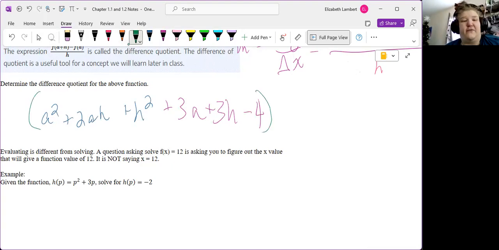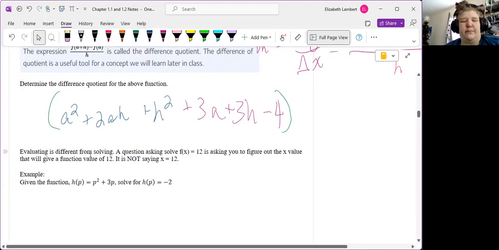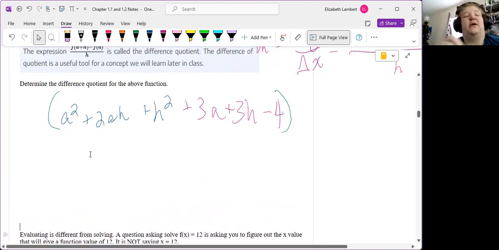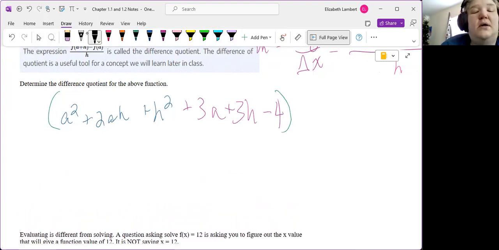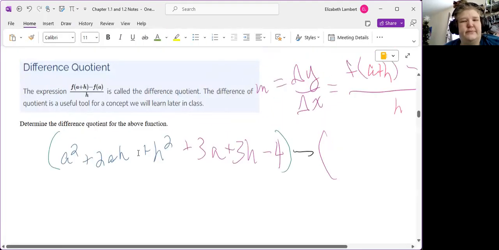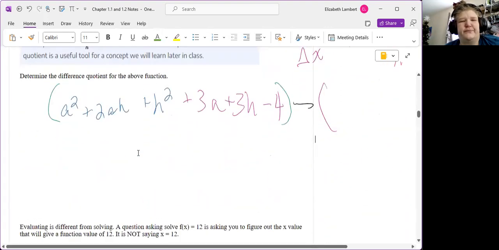So there's our f of a plus h. More space. All right. Minus. Now let's go find f of a. So we had a squared plus 3a minus 4.